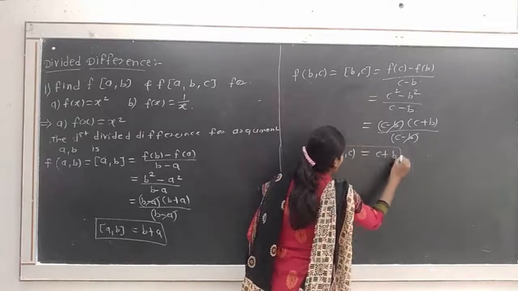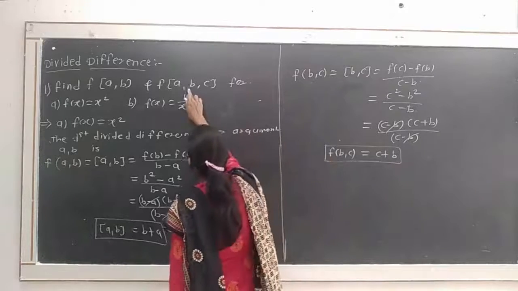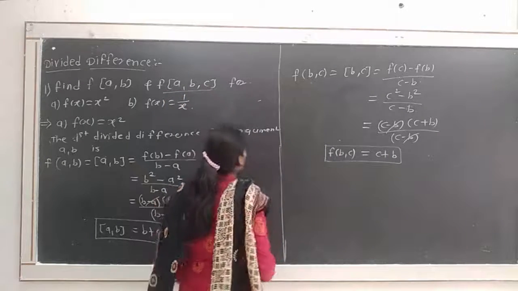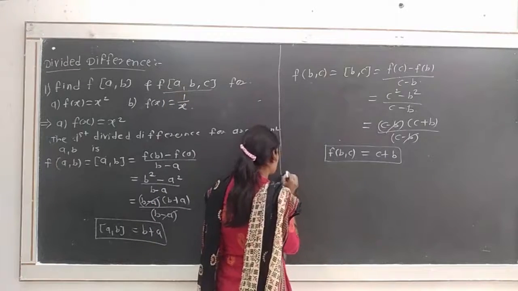Then next we want to find the divided difference for the argument ABC, that is the second divided difference.